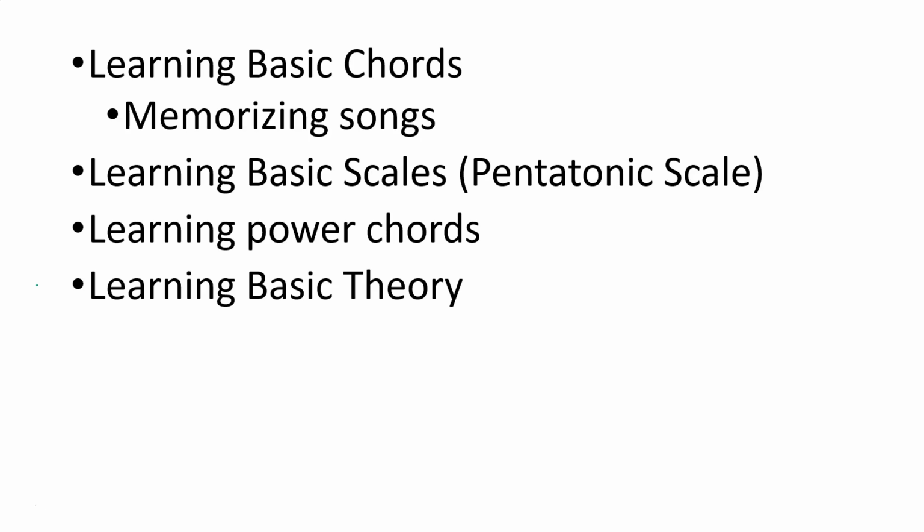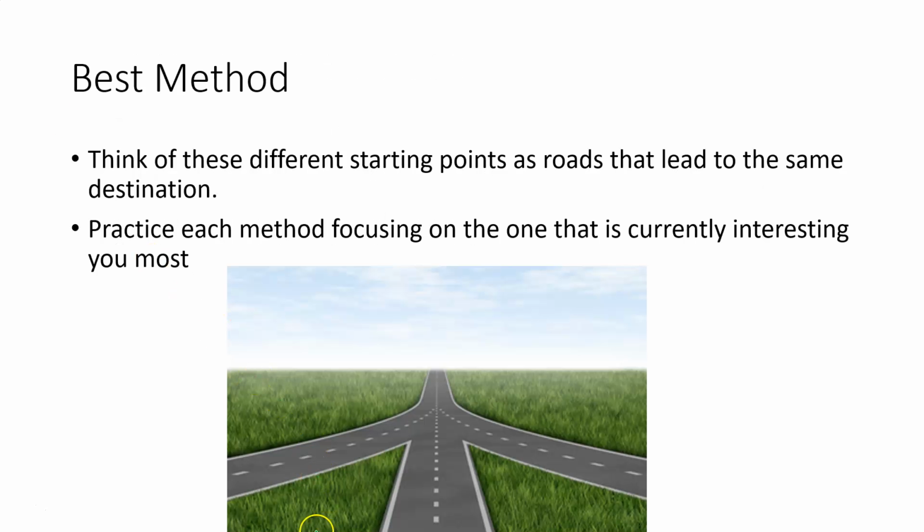Now, as you do that, of course, many people will gravitate towards learning one or the other of these items based on what they're most interested in, possibly what their instructor is most interested in, and based on their past history of what they know in terms of music already. But I would think of them as four different things that you're going to be learning that are all related, and will lead, as you start to learn them, to come together.